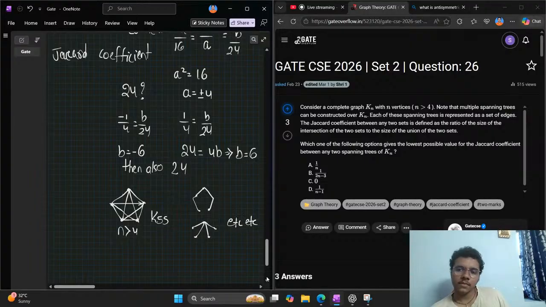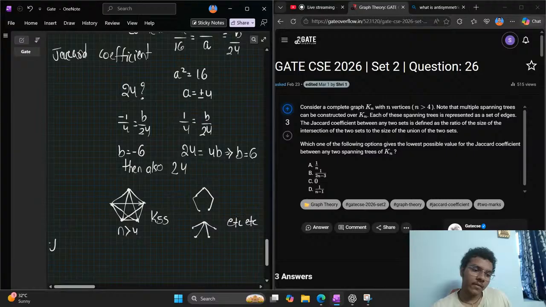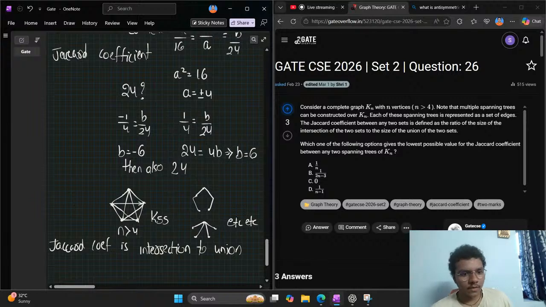Okay, each spanning tree represents a set of edges, and the Jaccard coefficient is the ratio of the sizes of intersection to union. So let's say you constructed a spanning tree by using these four edges: 1, 2, 3, and 4. Can you construct a spanning tree without using these?